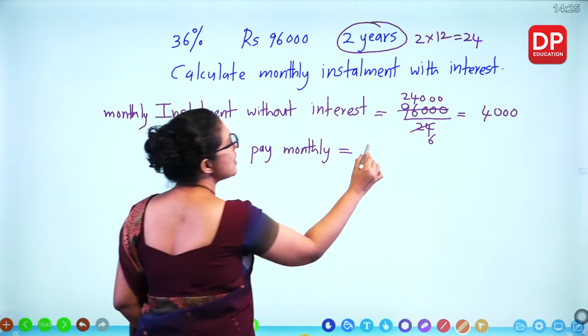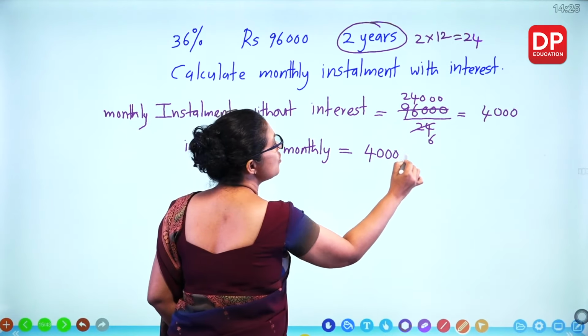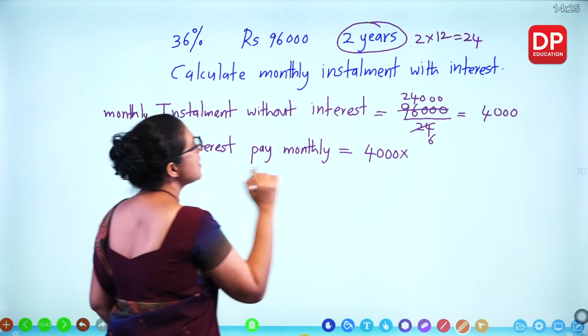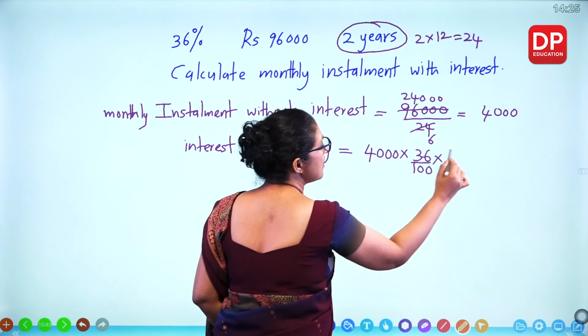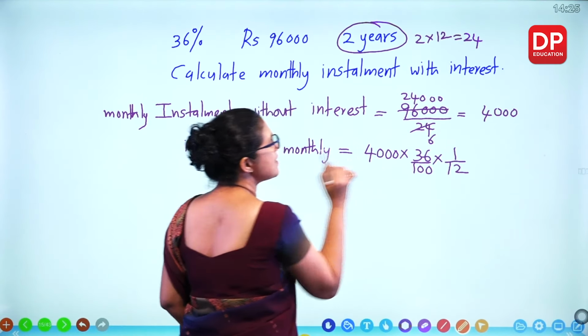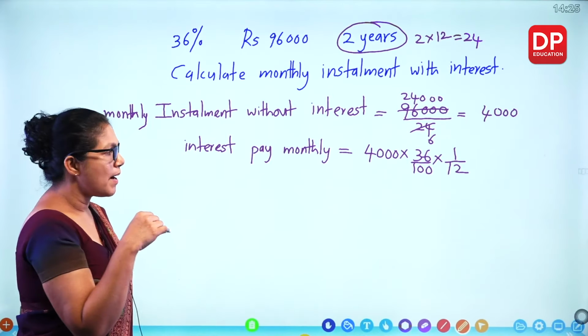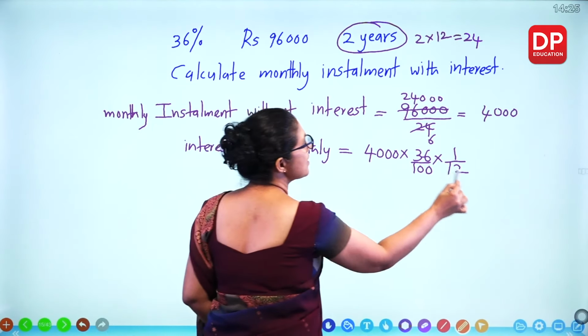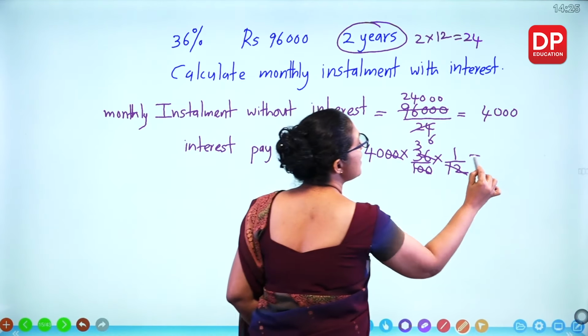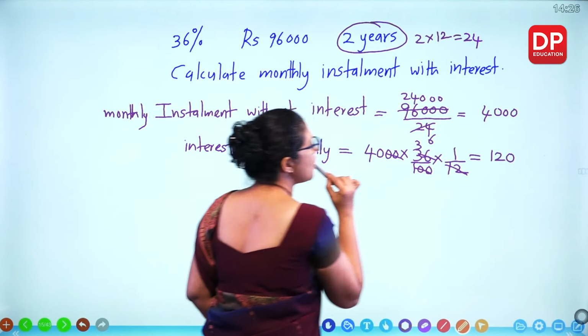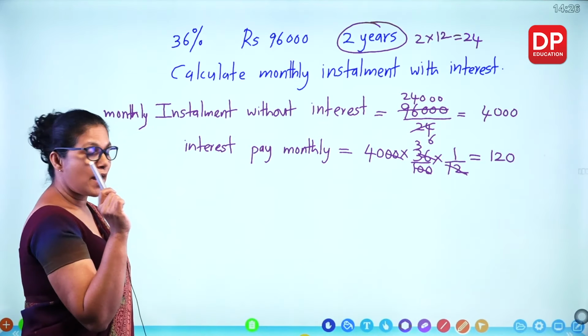So 4,000 into, what's the rate given? 36%. And annual rate is given 36, so you have to divide by 12. 12 times 3, these two get cancelled out, you get 120 for the interest for a month.